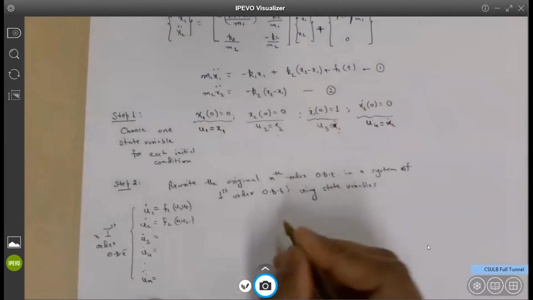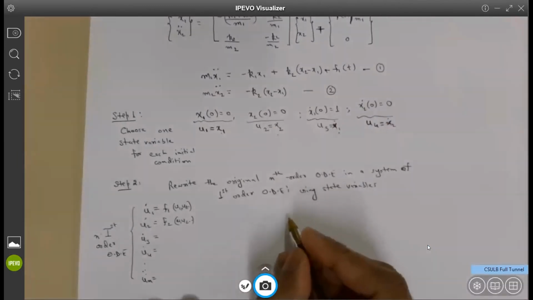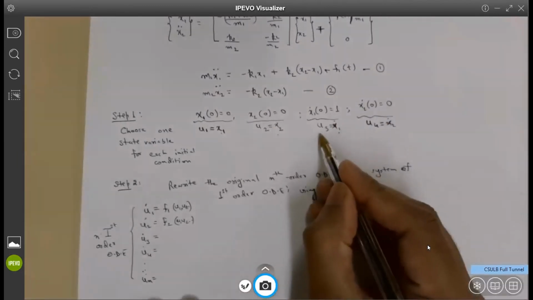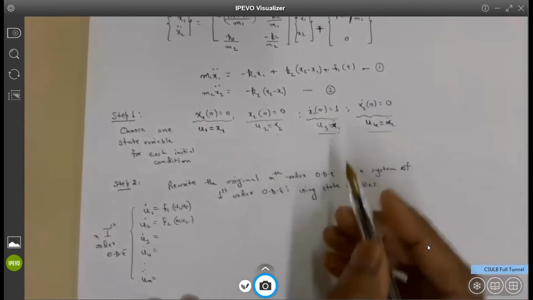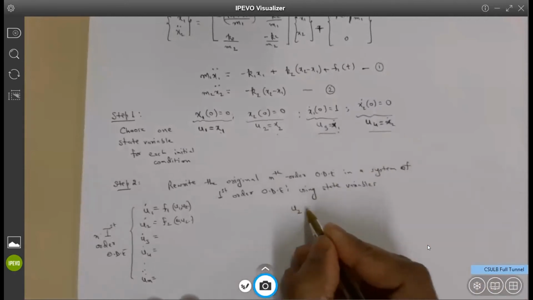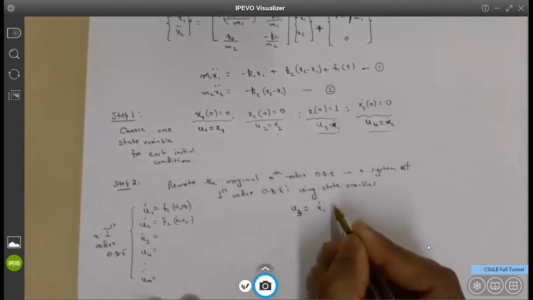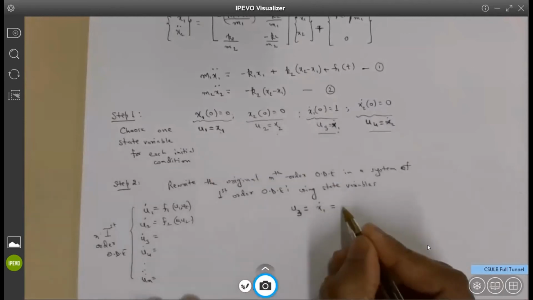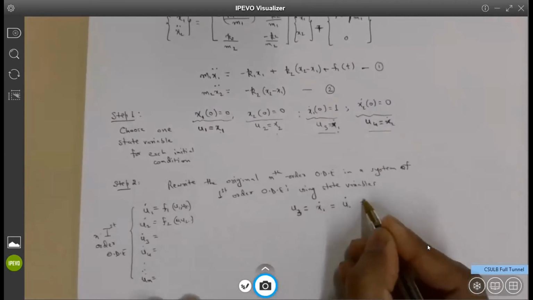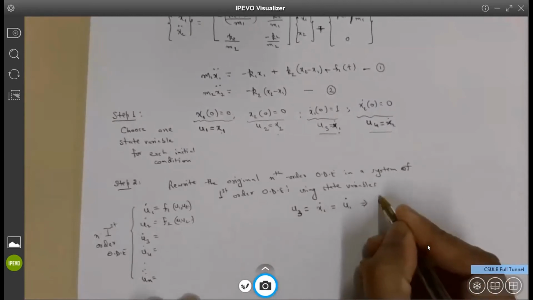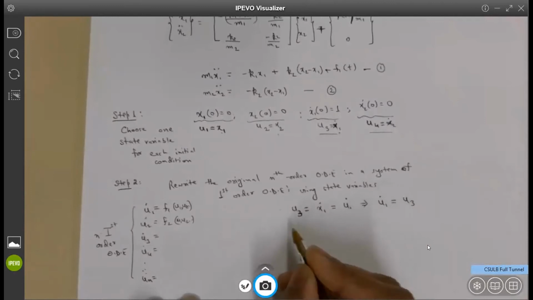Yeah. So the 2 equations that I'm originally getting are from here itself. What it is saying is that U3 is X1 dot, which is equal to U1 dot. So basically I got one of the equations as U1 dot is equal to U3.